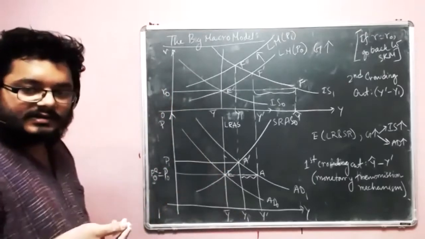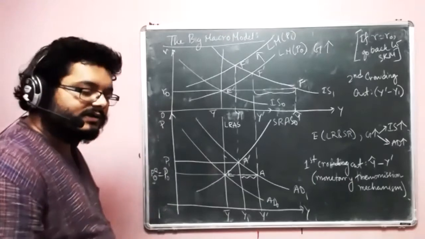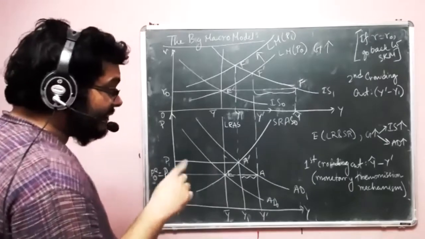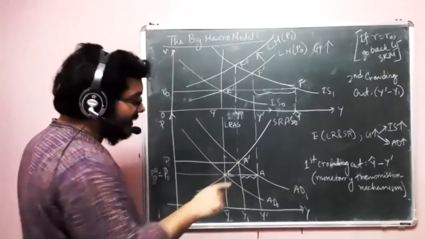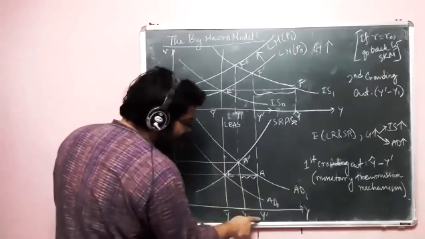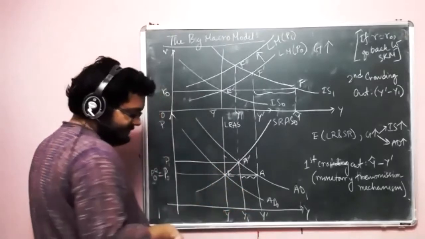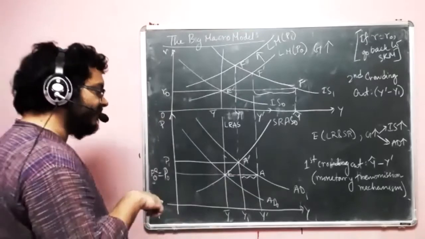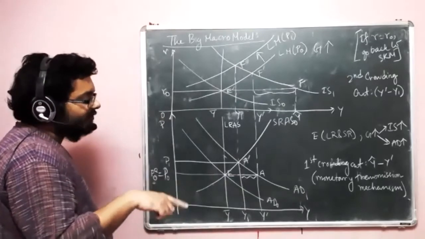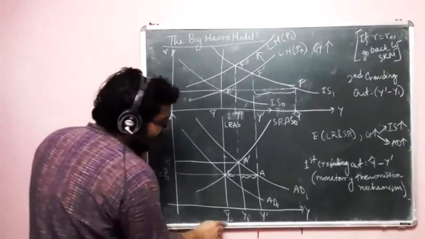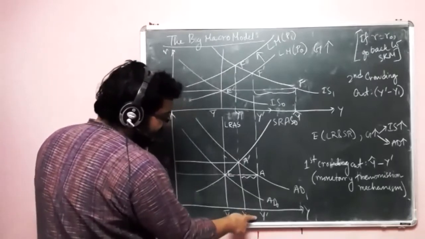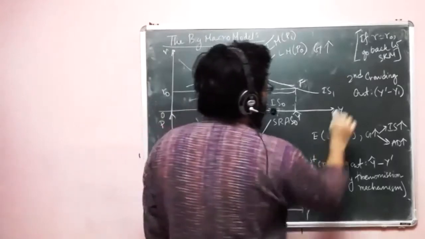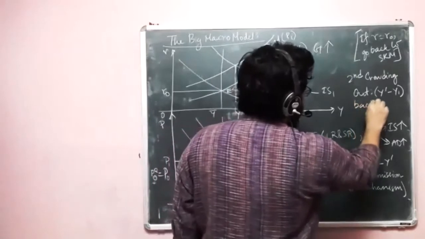I'm saying that price increases, real wage reduces, labor demand increases, output increases because you have to supply labor. But if I'm asking about the crowding out, why Y hat is not reached and Y1 is reached, then the argument becomes very different, because the argument cannot come from Y hat, it should come from Y dash, right? So we are arguing why it reduced, and for that we need the backward shift of the LM curve.